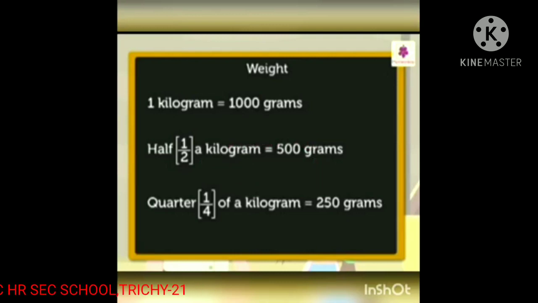Relationship between gram and kilogram: 1 kilogram equals 1000 grams. Half a kilogram equals 500 grams. Quarter of a kilogram equals 250 grams. So this is the relationship between gram and kilogram.